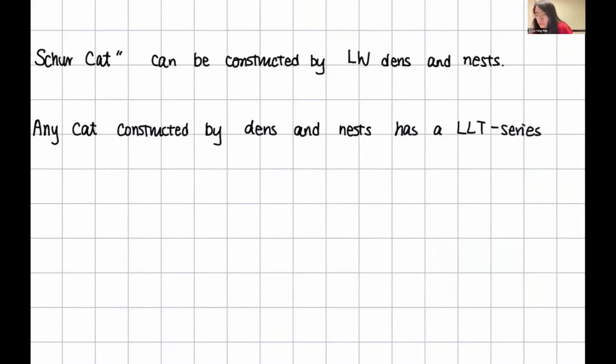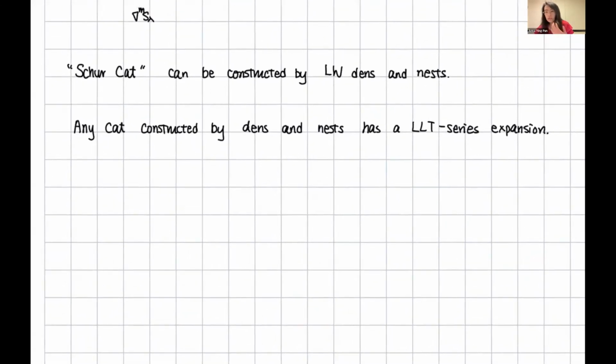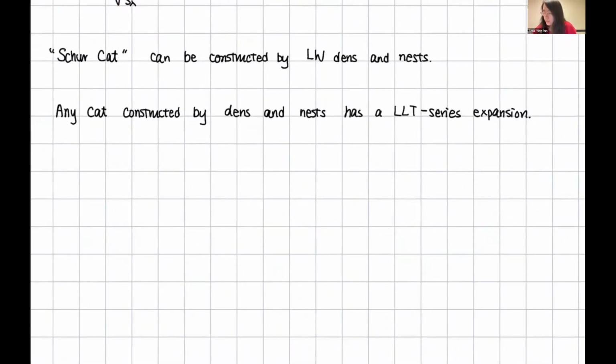So it's LLT series positive, or not positive with a global sign. So at least we know any cat constructed by dense and nest has an LLT series expansion. As I said, cats are series, right? So you take the polynomial part of a cat, and then of course you take the polynomial part of the LLT series, and that gives you the LLT polynomial.